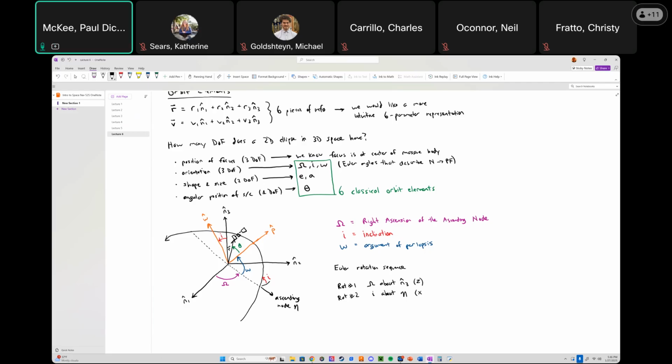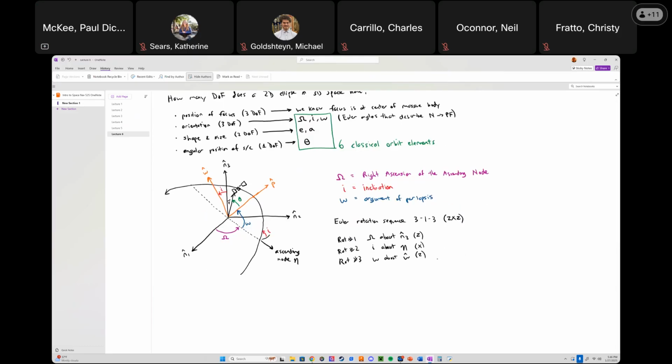You could think of this as an x rotation. And then rotation number 3 is you rotate little omega about, in this case, the orbit normal direction, which would be W, if that makes sense. And that's a Z rotation again. So this is a 3-1-3 or a ZXZ sequence. All right.